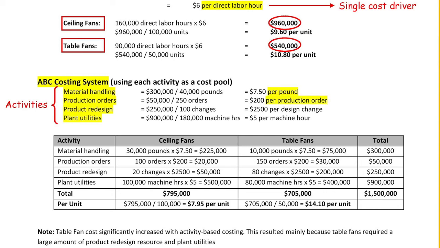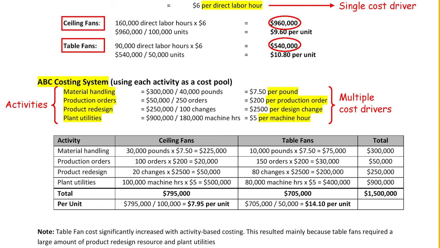Product redesign, that's going to be allocated depending on the number of design changes. So highlight per design change. For plant utilities, we're going to use machine hours in each product line. So highlight per machine hour. And on the right hand side, draw a bracket and write multiple cost drivers. So pounds, that's the weight, or number of production orders, number of design changes, machine hours, these are all multiple cost drivers for relevant activities under the activity-based costing system.